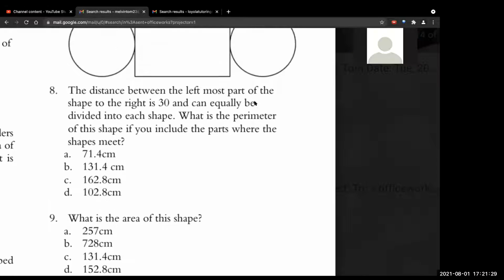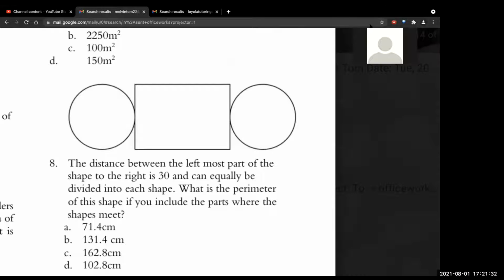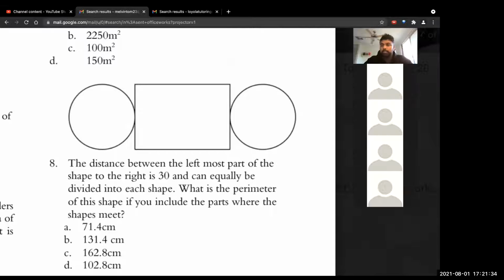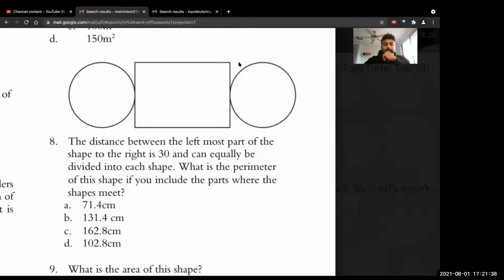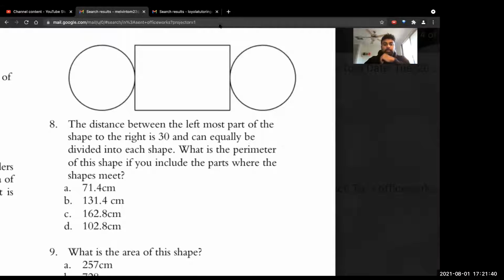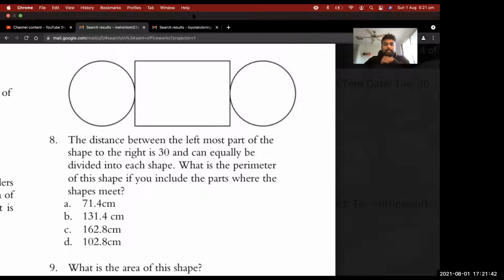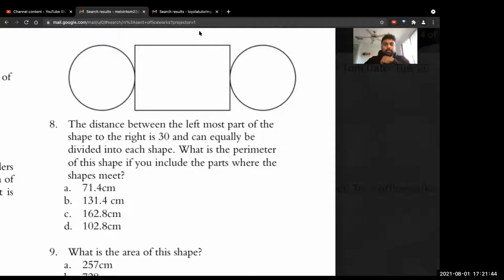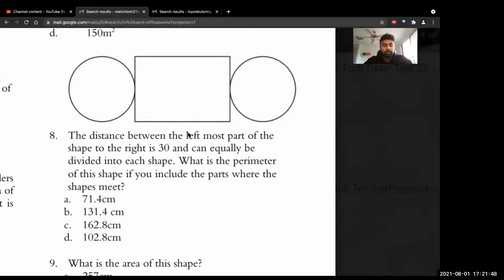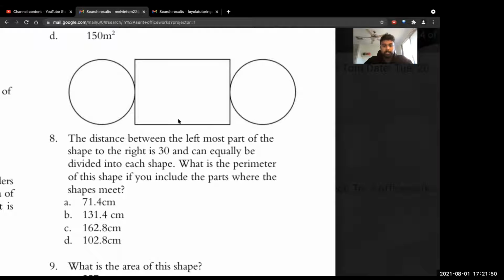Question number 8. The distance between the leftmost part of the shape to the right is 30 units. I'm hoping it's centimeters because the answers are in centimeters, and it can be equally divided into each shape.